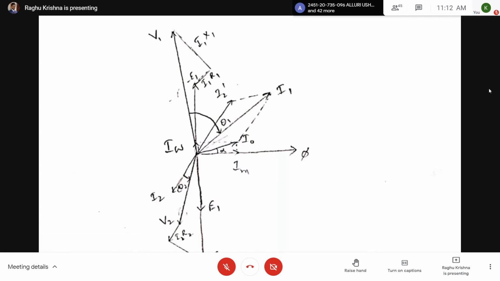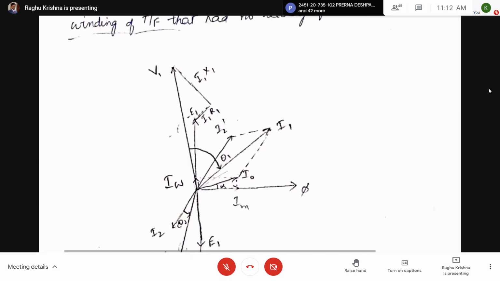And here the angle between V1 and I1 is theta 1, and the angle between V2 and I2 is theta 2. If you go through this, you can understand. For your exam, only the ideal transformer phasor diagram is enough.